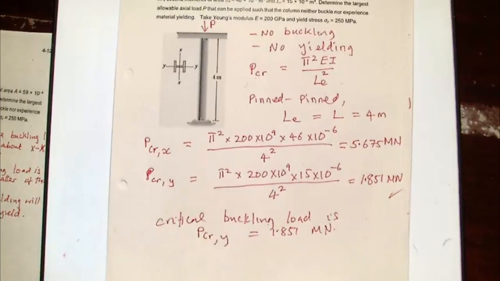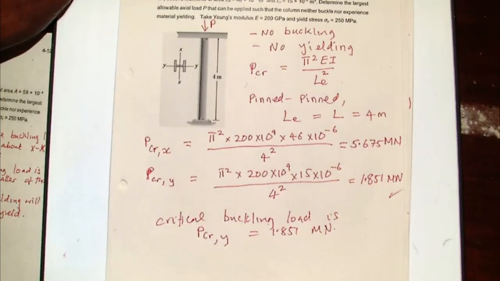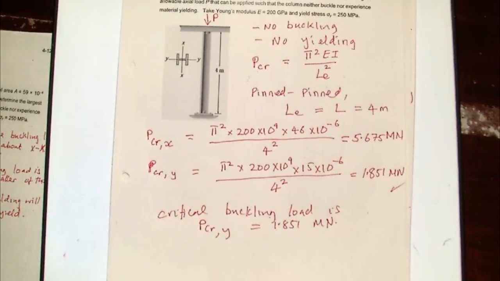Because it is lower. As you slowly increase your load, you're going to get to that one first before you get to the second one. But the question says, what is the maximum load you can apply to make sure that it doesn't yield?